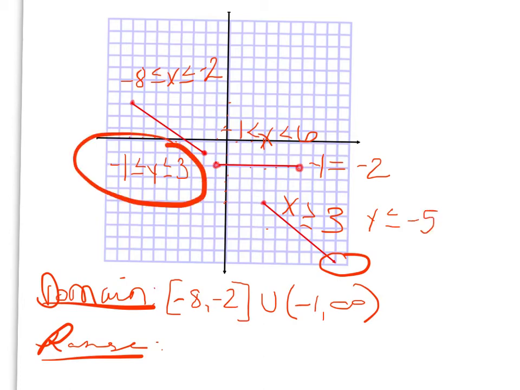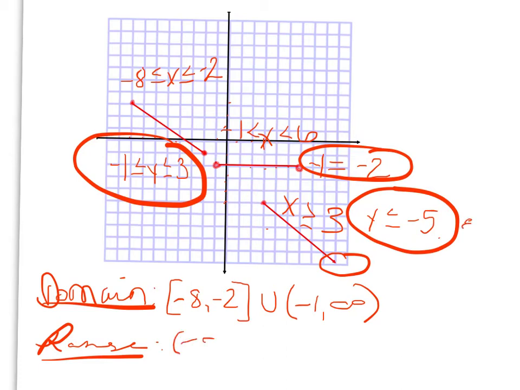So now I'm going to take all my y pieces and put them together. So it looks like I can be between negative 1 and 3. I can be equal to negative 2, or I can be anything less than negative 5. So I'm going to start with my smallest value, and I'm going to say I can go from negative infinity up to negative 5 using a bracket there, unioned with a y value of negative 2.